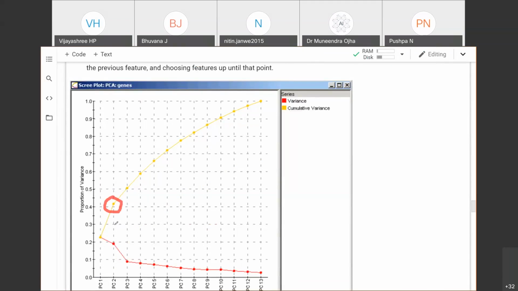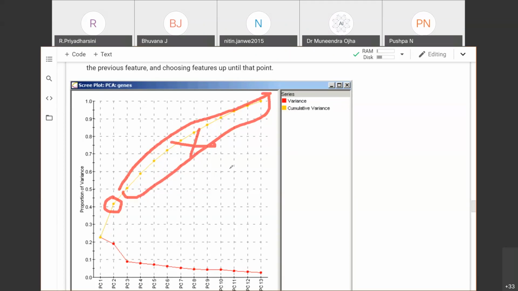So you can observe in the plot where you get this elbow. As soon as you obtain this elbow, you can very safely determine that after this principal component, the remaining principal components are not giving a significant increase in the overall variance explained. So you can safely remove all the features after this point. These can be ignored.